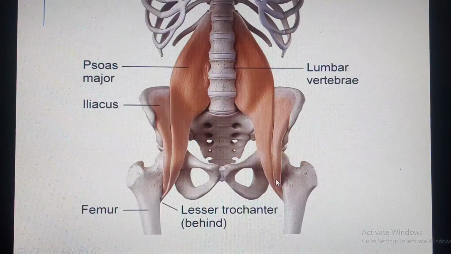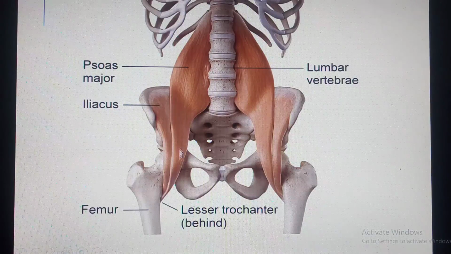Now the first muscle, although yes, we see it in the abdomen, is also going to work on this lower limb, so we consider it to be part of the anterior compartment of the thigh. This portion is known as the psoas major, and this portion is known as iliacus, together combining to form a common tendon known as the iliopsoas tendon.